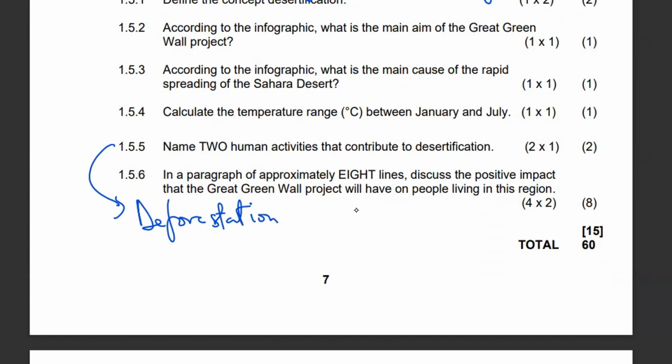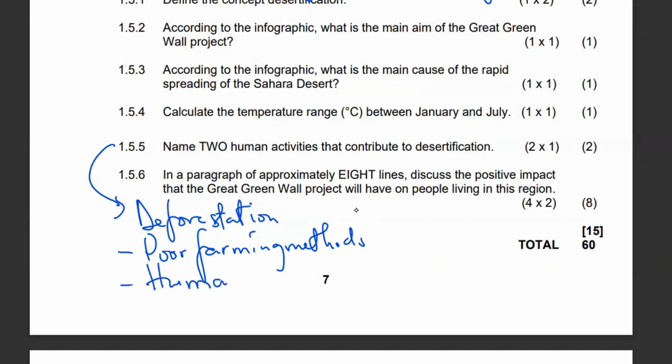And also, if we look at poor farming methods, they also contribute. If you look at poor farming methods, they are also a contributory factor. And also, if we check, we have human-induced soil erosion.